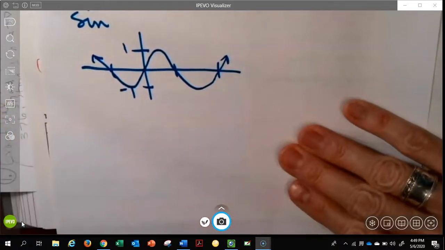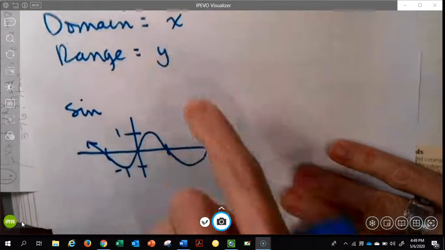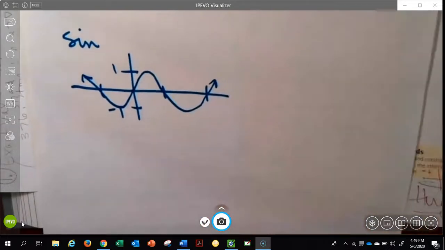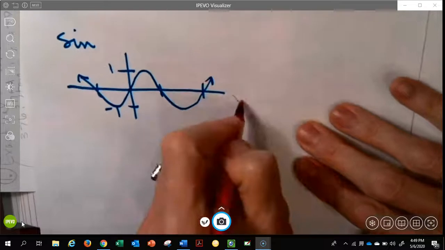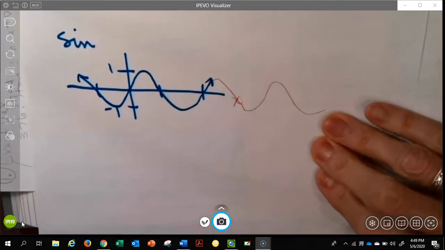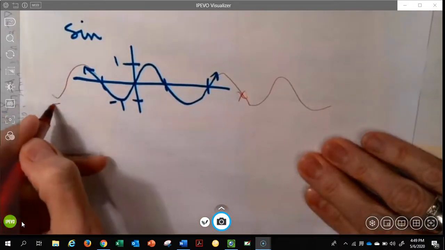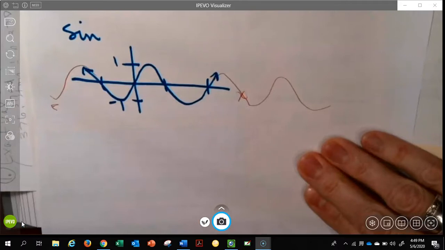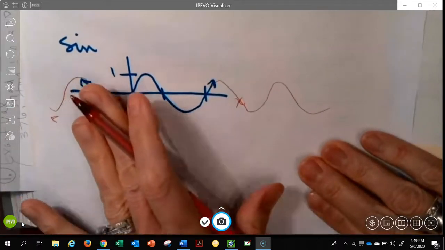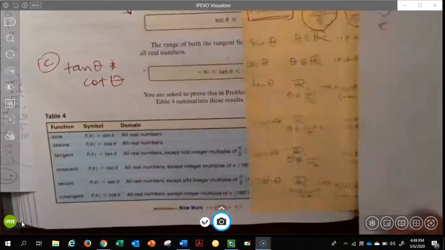And what I want to point out is when we're talking about domain and what can all of the x's be, notice, and let me change pens, notice that if we're talking about the x, is there ever a place that this is going to stop going to the right? Is there ever a place this is going to stop going to the left? And no. The domain for the sine function is going to end up being infinite, all the way to the left and all the way to the right.